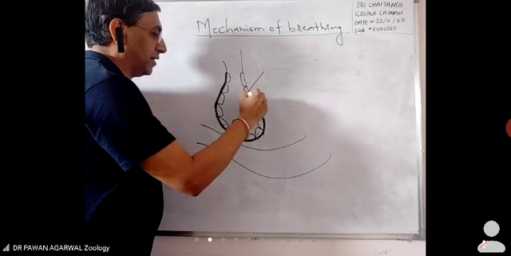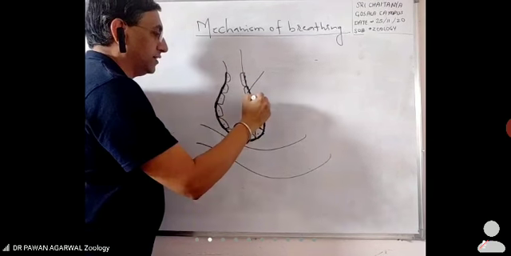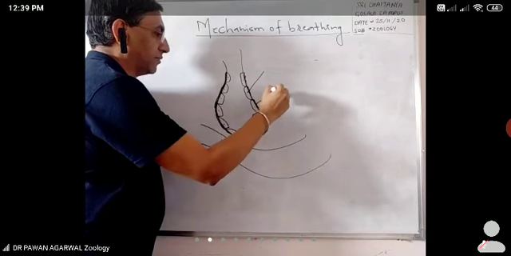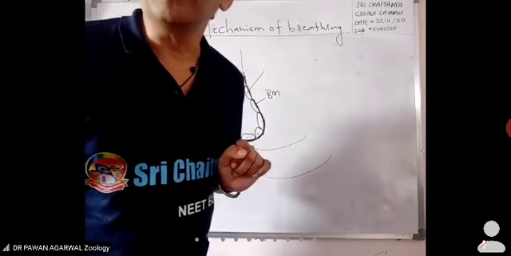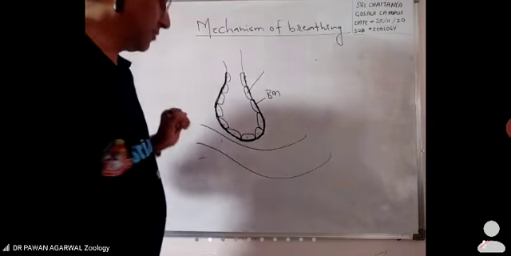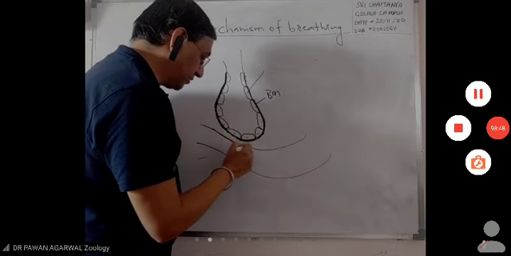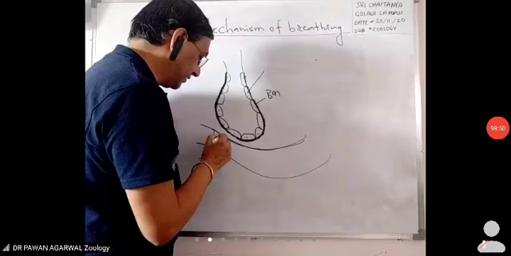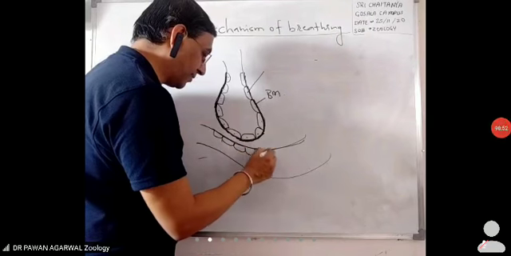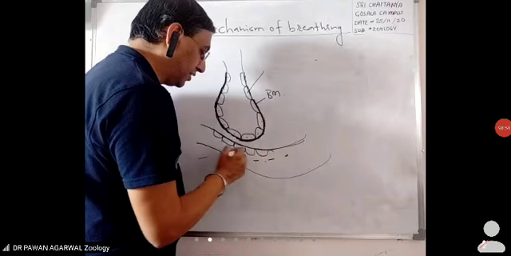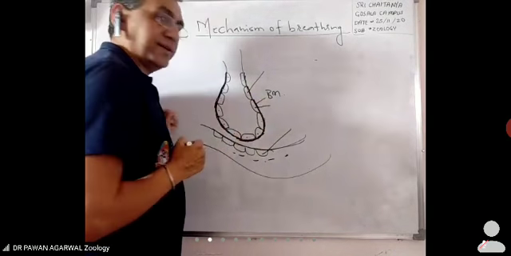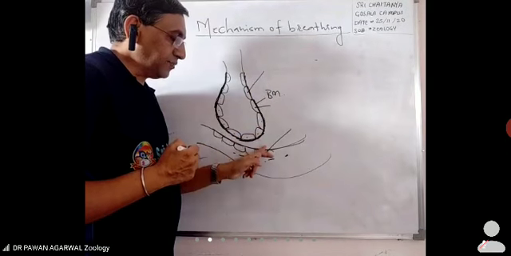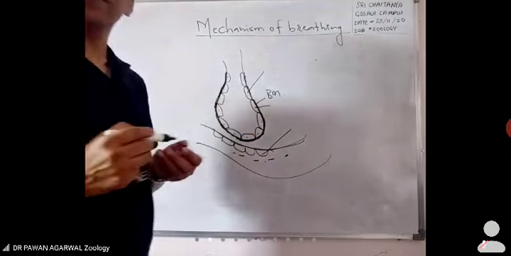Here is also a basement membrane, and here the squamous cells are in contact with blood, so they are the endothelium. So what is the first layer? Squamous cells of the alveoli. Second, the basement membrane. And third, the endothelium of the blood capillaries.